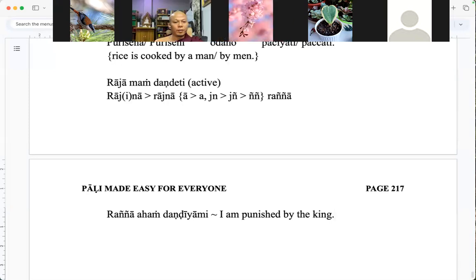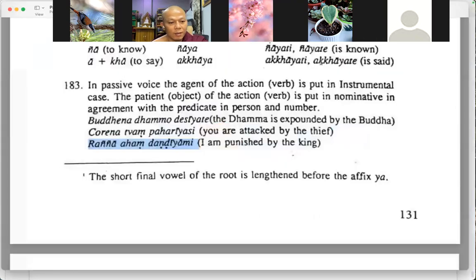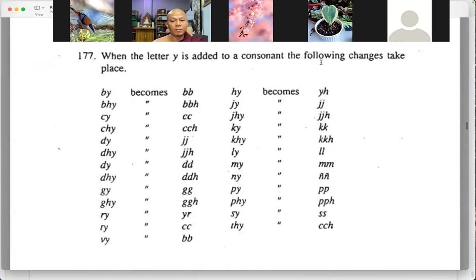Okay, so Ashley. Good evening, Bante. In item 177 in the book, Bante, in this table, I also see the ya become dada and the ya become, in 1, 2, 3, 4, 5, 6, 7 and the 8 line.